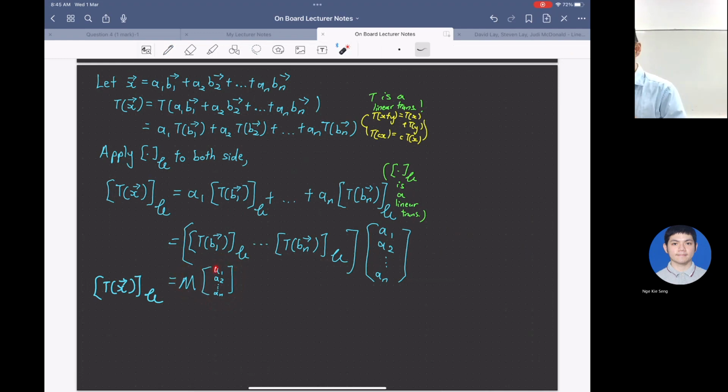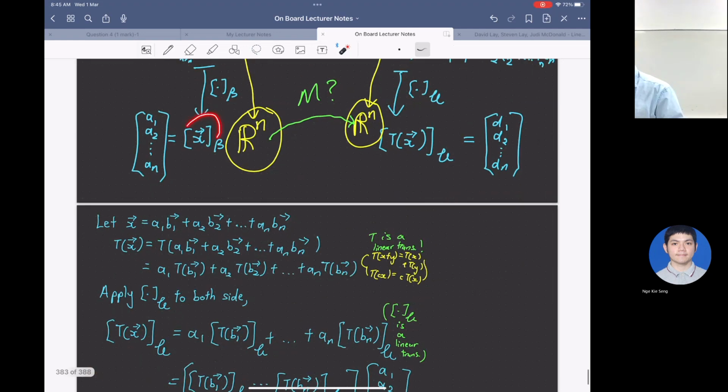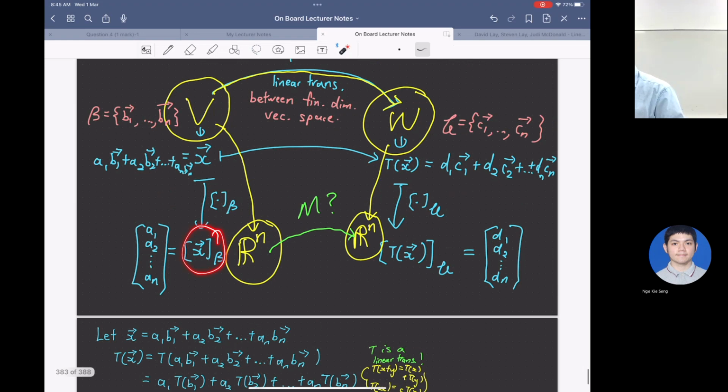Still remember, a1 up to an is the coordinate vector of x with respect to B. So you get a matrix times the coordinate vector with respect to B, and then you get the coordinate vector with respect to C. So this is the M we want.